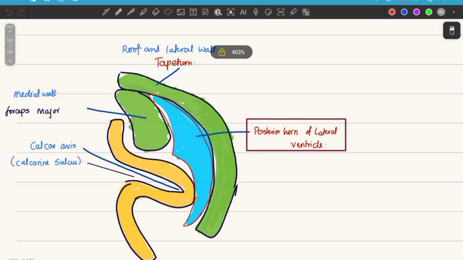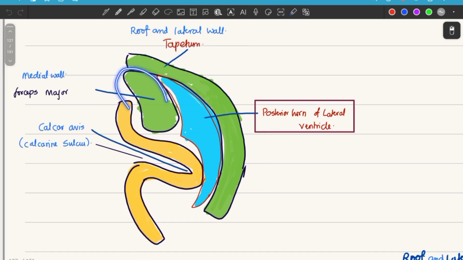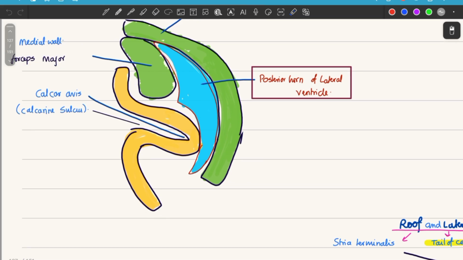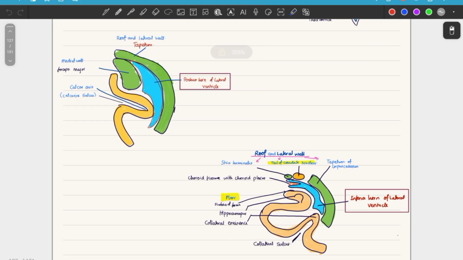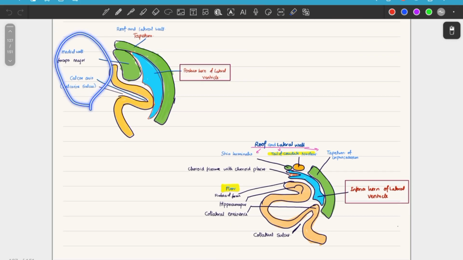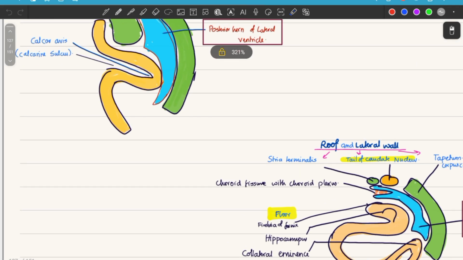Whereas this medial wall is formed by the forceps major, and also the medial wall is formed by this sulcus, the calcarine sulcus, which forms a deep impression called the calcar avis. These two form the medial wall: the forceps major, which is a part of the corpus callosum, and also the calcar avis.